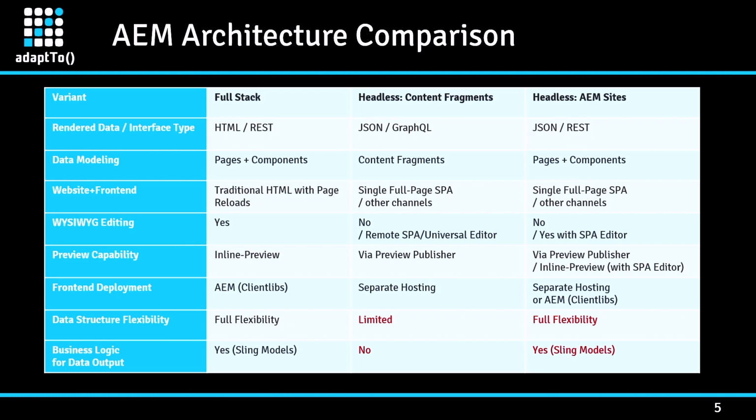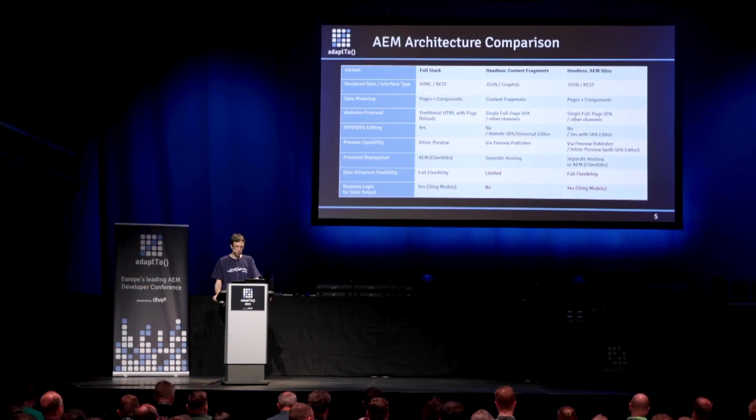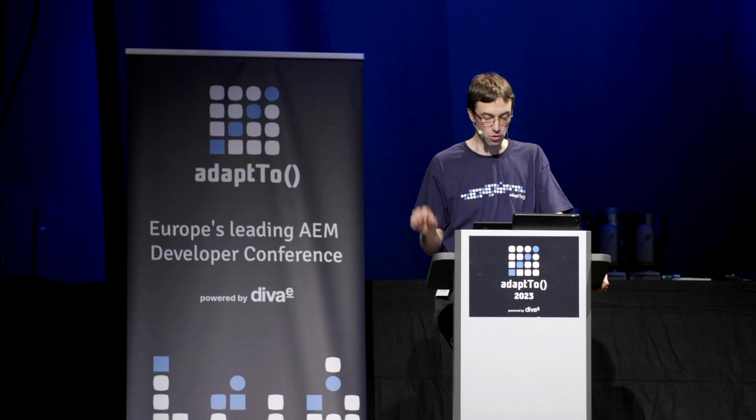To have a preview of your application with the data before you actually put it into production, you can use the preview publisher in the cloud environment, and there you can push your content fragments or your AEM pages and components before actually putting them into production and previewing them with a dedicated instance of your single page application connected with this pre-environment.